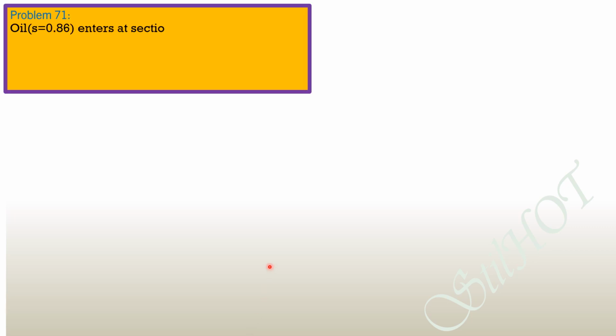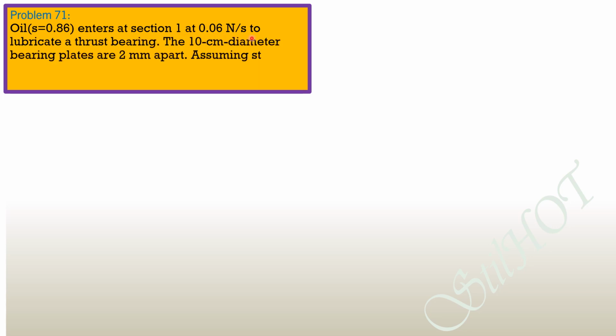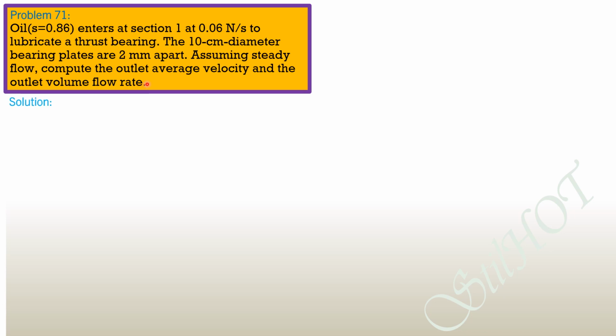Problem 71. Oil of specific gravity 0.86 enters at section 1 at 0.06 newtons per second to lubricate a thrust bearing. The 10 centimeter diameter bearing plates are 2 millimeters apart. Assuming steady flow, compute the outlet average velocity and the outlet volume flow rate.